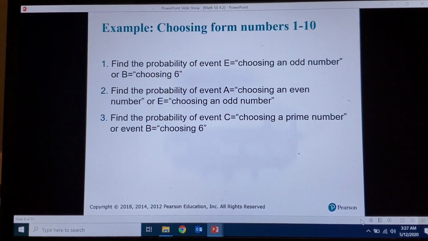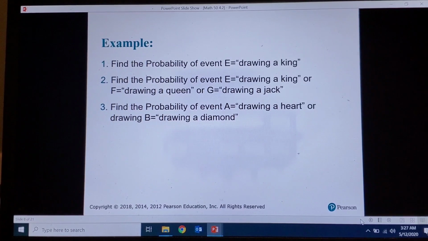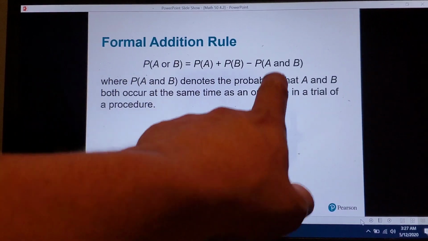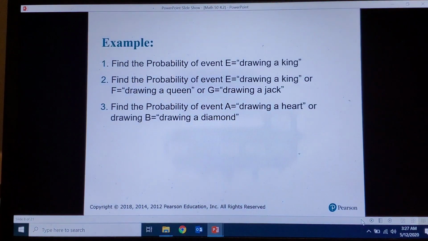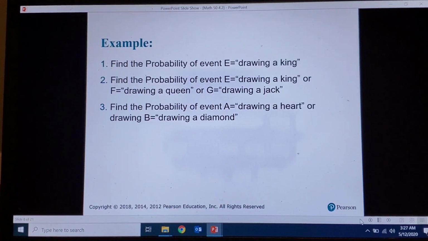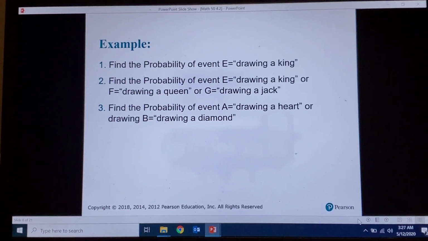So you have to ask yourself, is it possible for the king to be a queen or the jack to be a king, or vice versa all around? And they can't. That implies that they are disjoint. So when they are disjoint, I don't have to worry about this subtraction. All I have to worry about is adding each individual probability. So let's look at this.